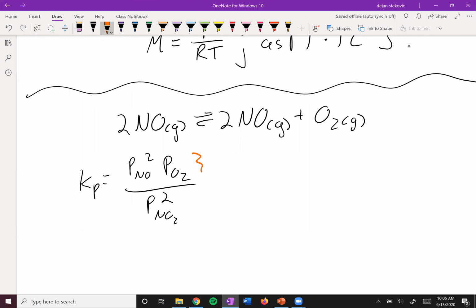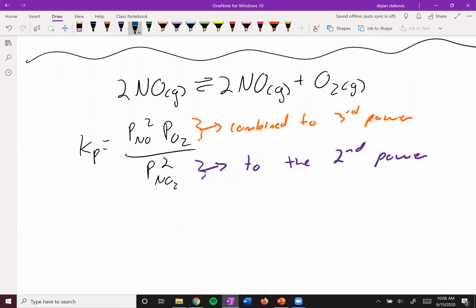And so if we look at this top one, if we combine the powers, it's to the third power, whereas the denominator here is only to the second power.